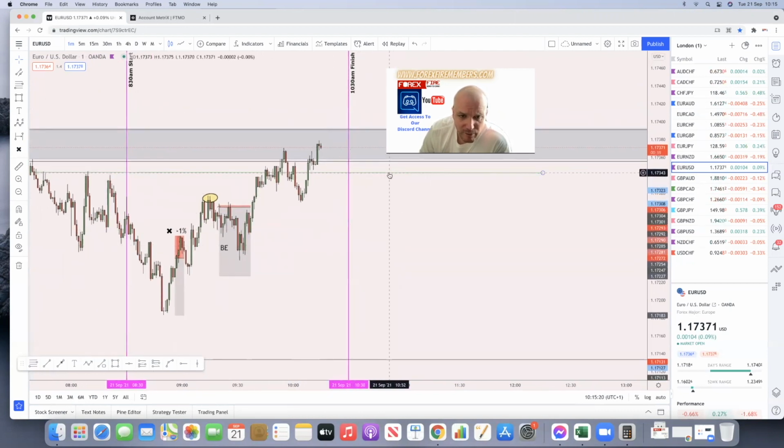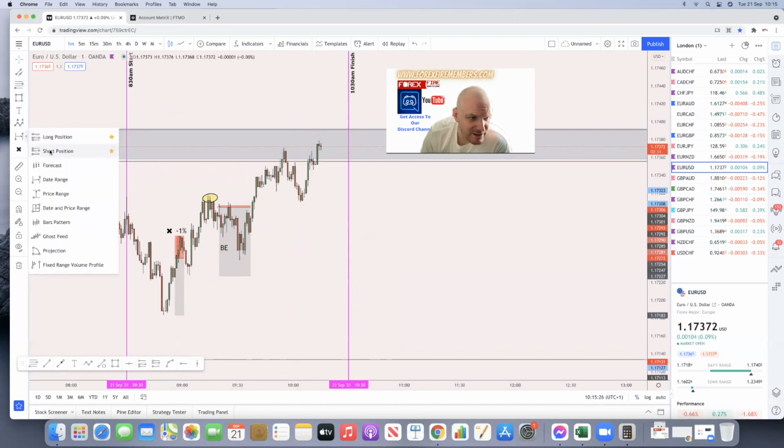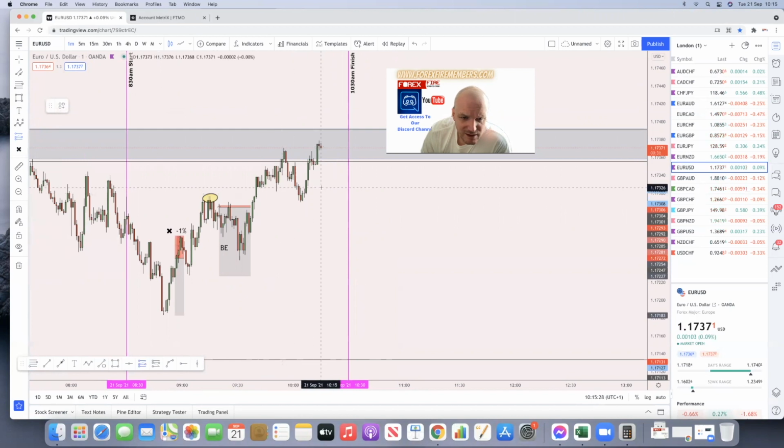So again, we might try one final push. We've had the break there. Let's take a look. We go for a long, we'll go for there. Stop loss here. Okay, that's our area there.